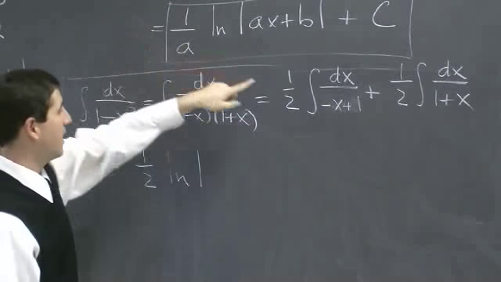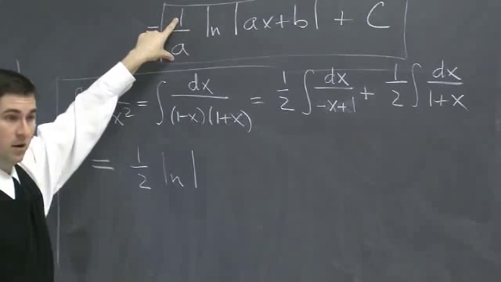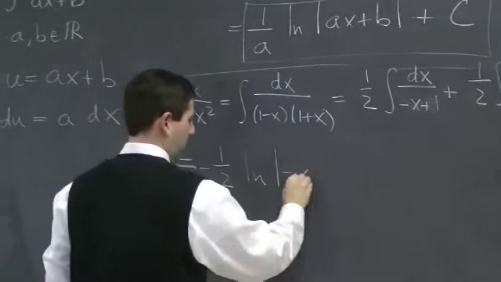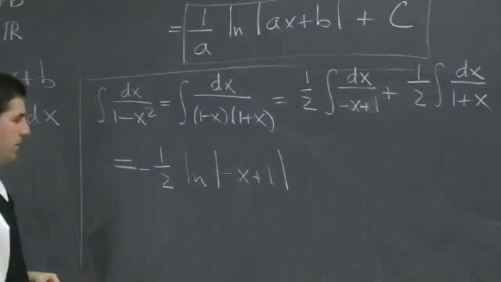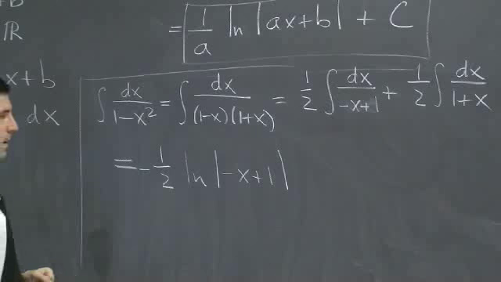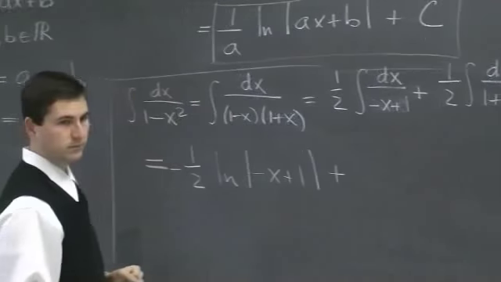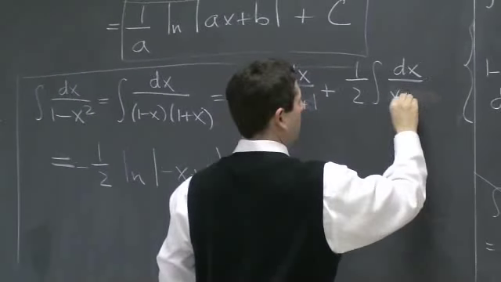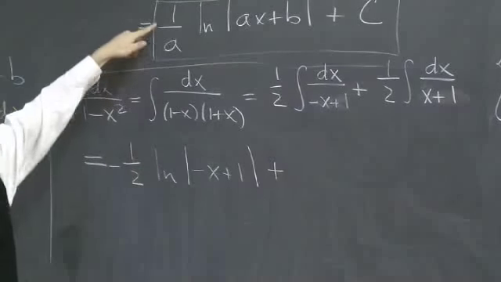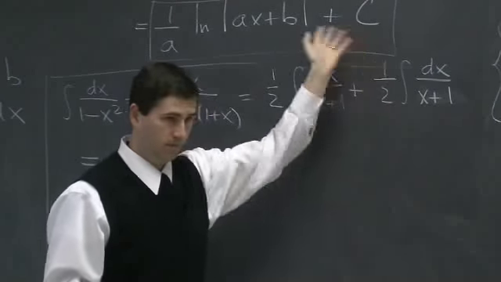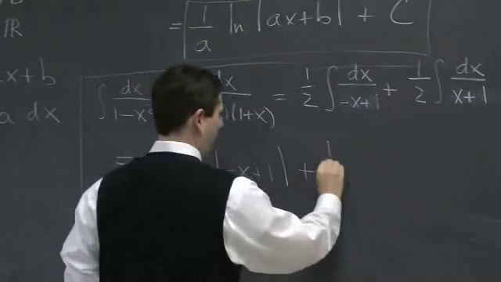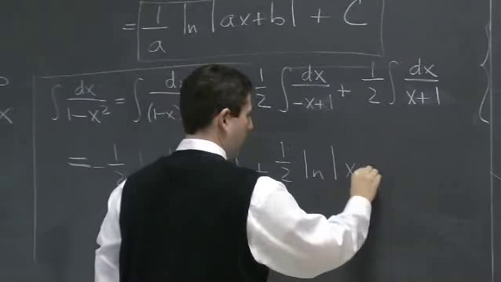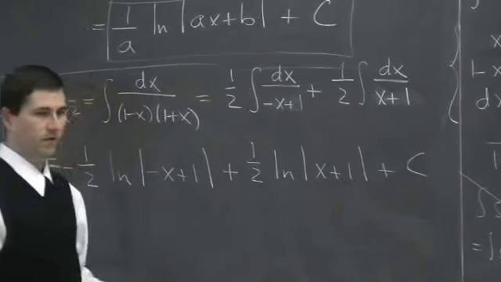We have to do 1 over a, and a was minus 1, so we actually pick up a minus sign that comes out front. Then plus, if we like, we can rewrite this as x plus 1. We get 1 over a, but here a is just 1, so that doesn't change anything. So we just have a half ln absolute value of x plus 1, plus our constant of integration.